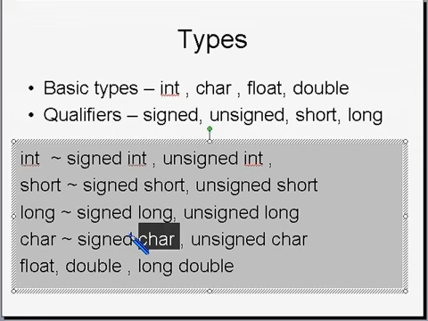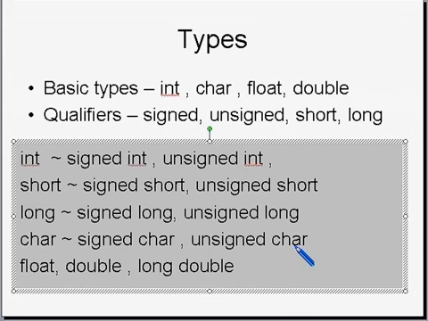One more thing, when I say signed char, it's actually from minus 128 to plus 127. I told it as minus 127 to plus 128 earlier, but it's actually minus 128 to plus 127. And these are all the variables you can declare in C.